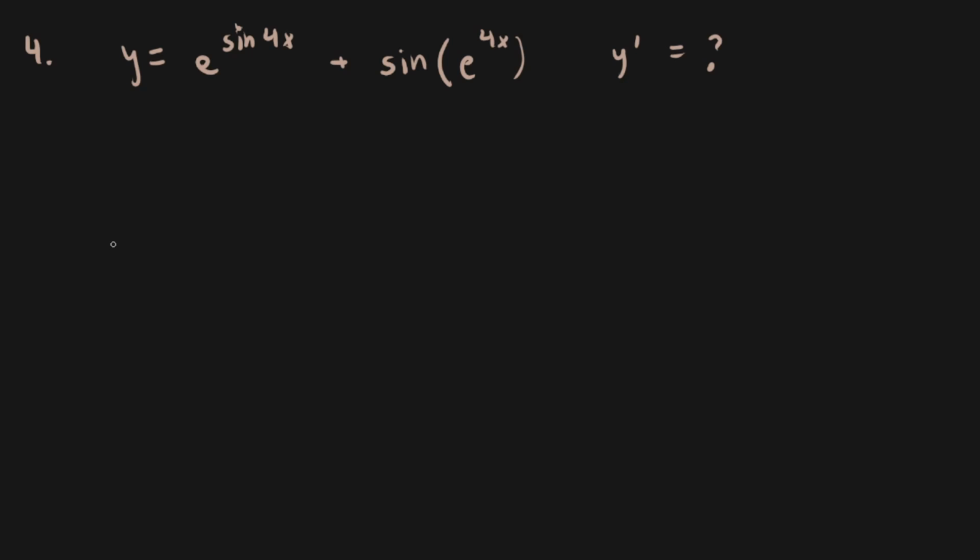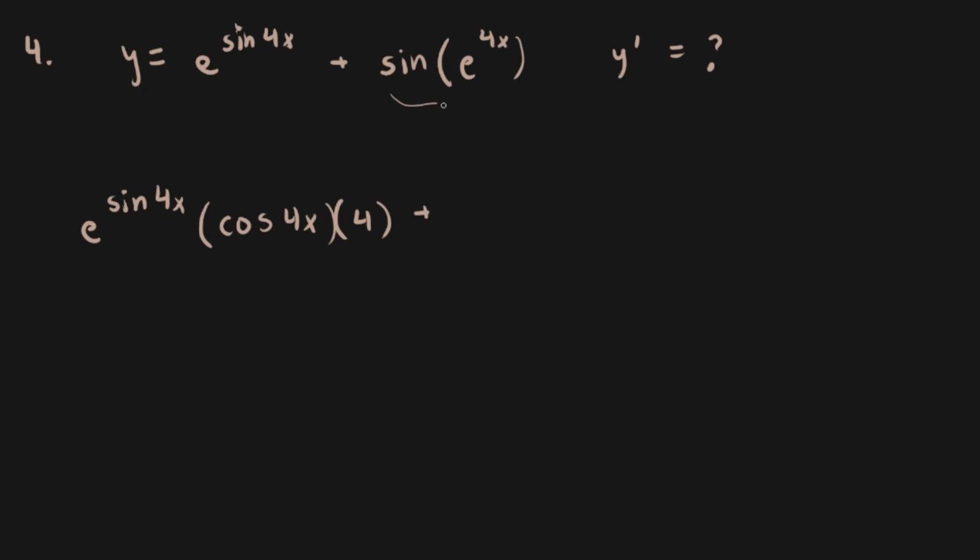The derivative of e to the x is just e to the x, so we're just going to have e to the sine 4x multiplied by, using the chain rule, the derivative of this part. The derivative of sine is cosine, so we have cosine 4x. And then we still have to find the derivative of the argument of sine. The derivative of 4x is just 4.